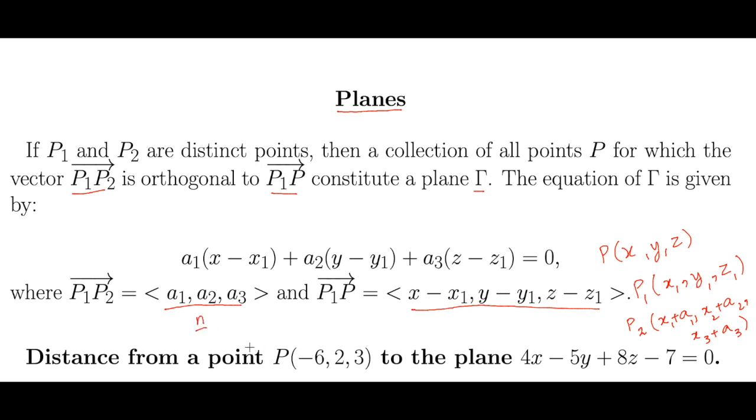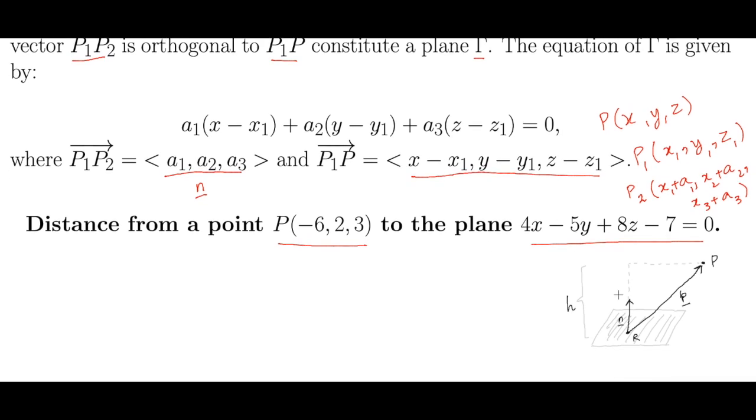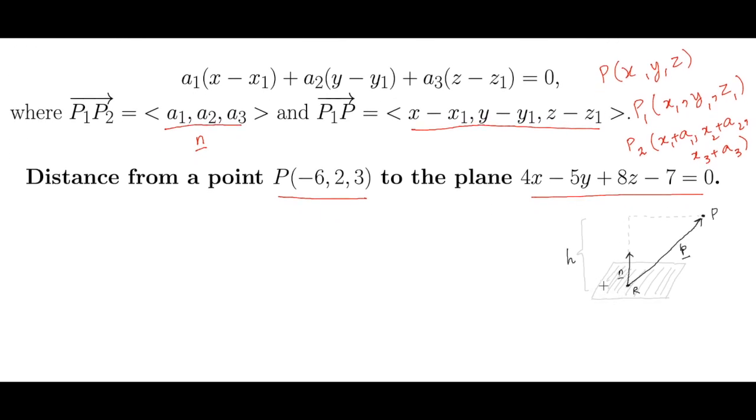Now, as another application of planes, we are interested in finding the distance from a point to the plane which is given by this. This is our plane here, this gray part, and this is my point here. Let's say R is some point on the plane we are interested in.